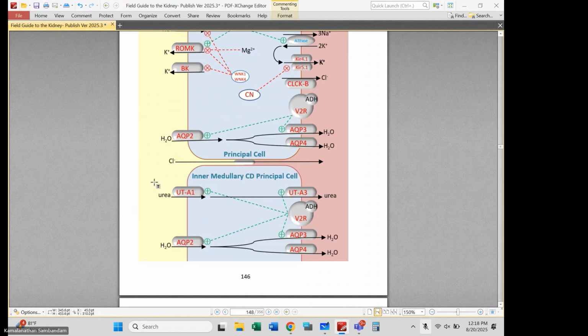Another way that is becoming, I'd say, more in vogue is the use of SGLT2 inhibitors. We seem to have an infinite number of excuses to give SGLT2 inhibitors now. Another one is to try and increase water excretion in patients that have SIADH.